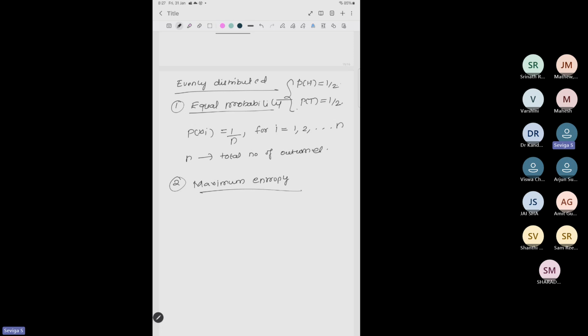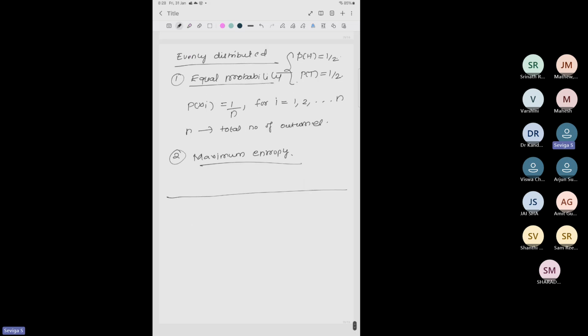If the system is unpredictable, it means uncertainty is high. When uncertainty is high, entropy is also high. So an even distribution has two properties. The first is that it has equal probabilities for the outcomes. The second is that it has maximum entropy. Next time when I say evenly distributed, you should remember it has these two properties.